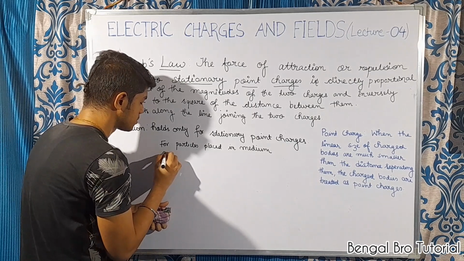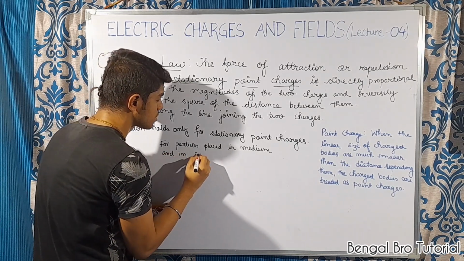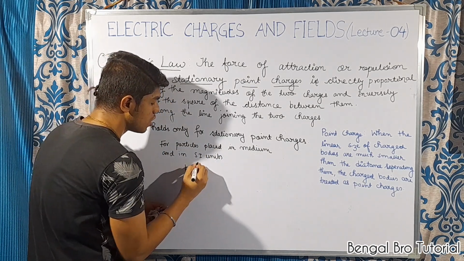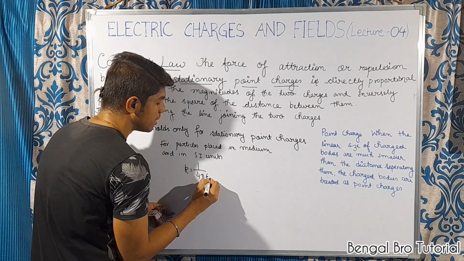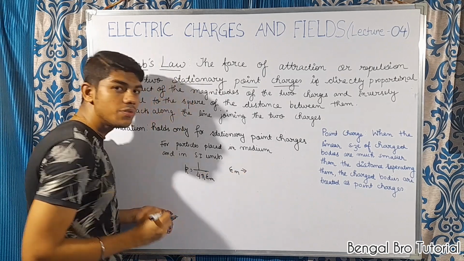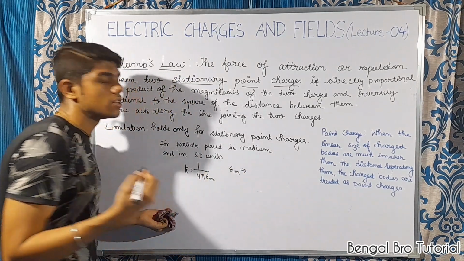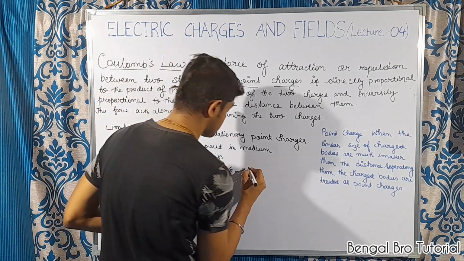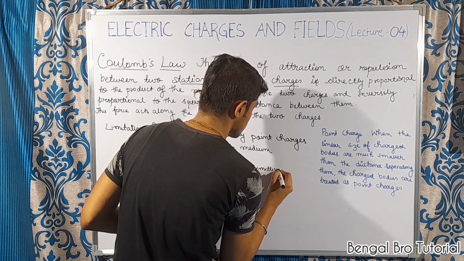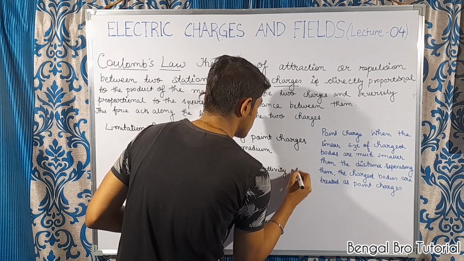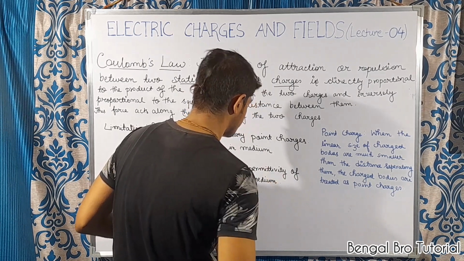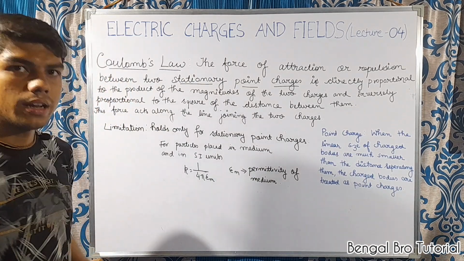Now, if the particles are placed in any medium and in SI units, the value of k is equal to 1 by 4 pi epsilon m. Here epsilon m is the permittivity of that medium in which the two charged particles are placed. Understood?